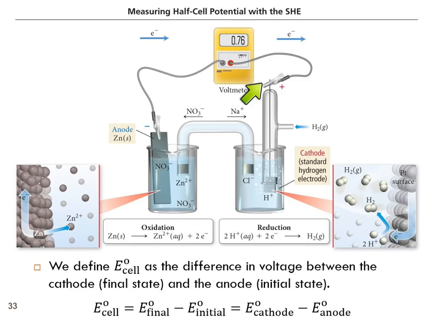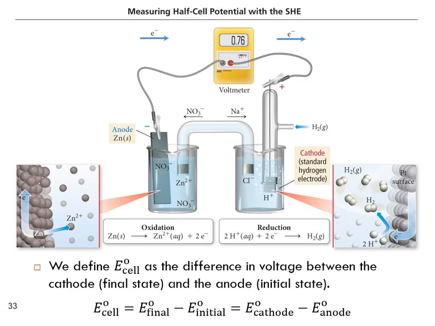So when you draw it, you put the anode on the left and the cathode on the right. And this is where the oxidation is occurring, and this is where the reduction is occurring. If it is a spontaneous reaction, electrons will flow in this direction, like we expect.